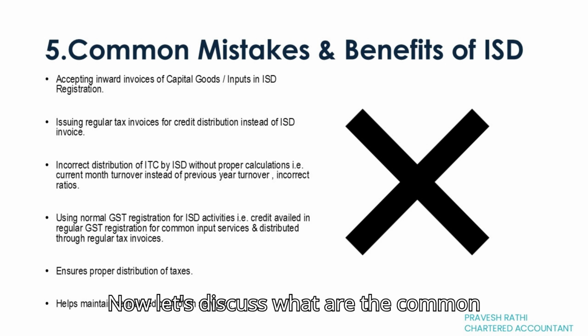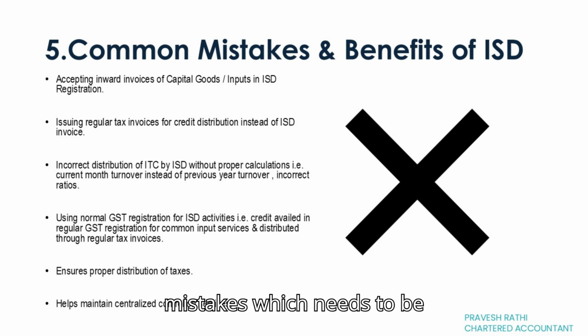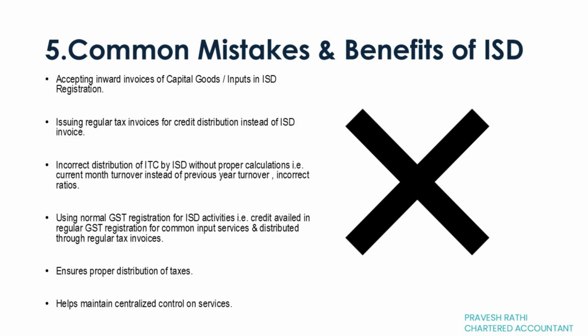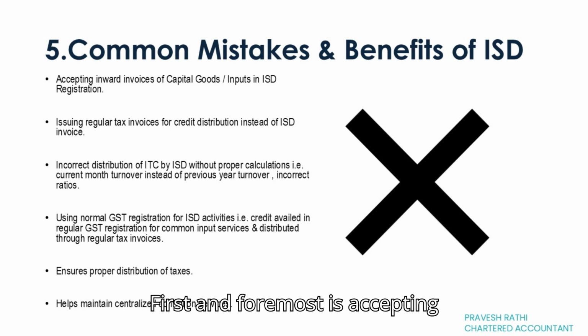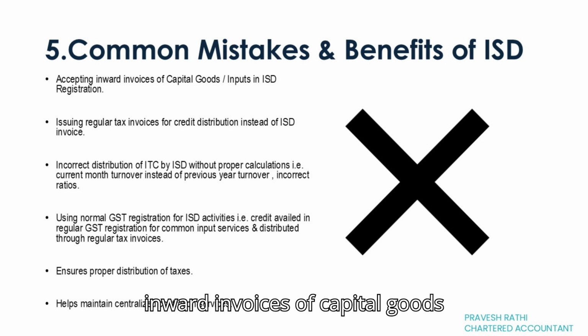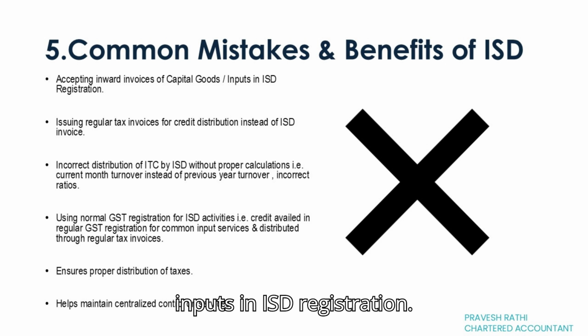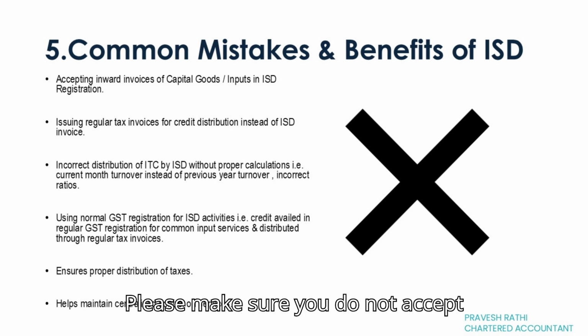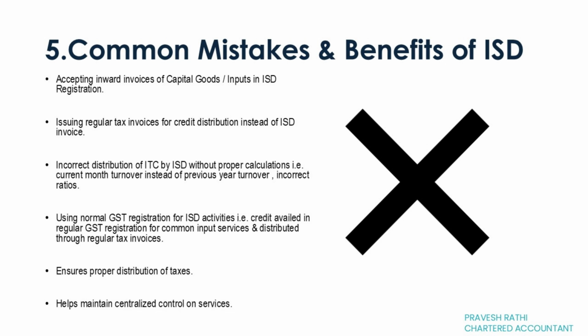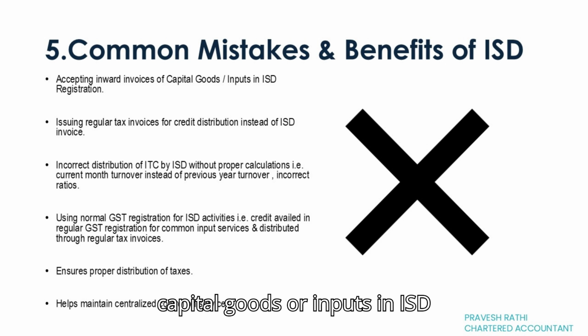Now let's discuss the common mistakes which need to be avoided when we are doing the compliance of ISD. First and foremost is accepting inward invoices of capital goods or inputs in ISD registration. Please make sure you do not accept any invoices of capital goods or inputs in ISD registration.